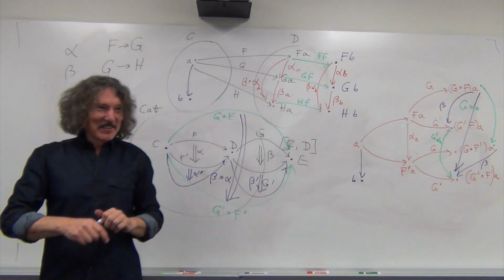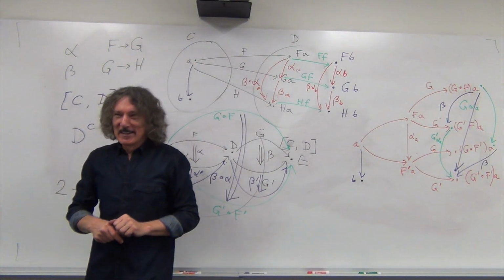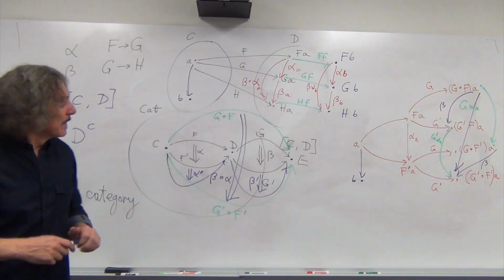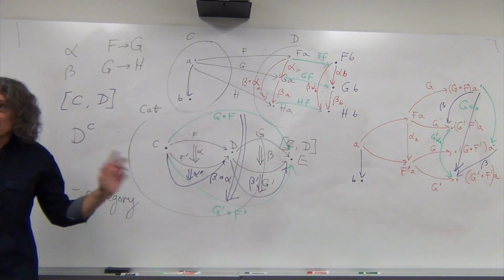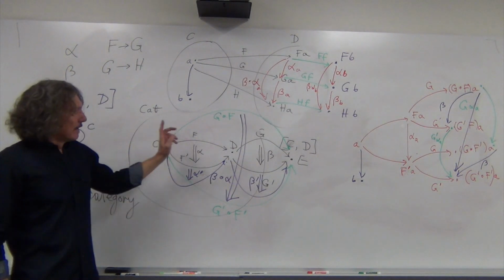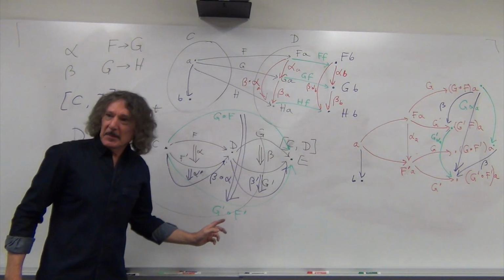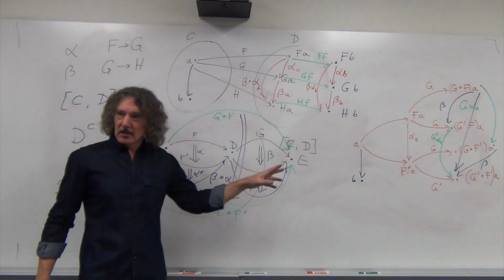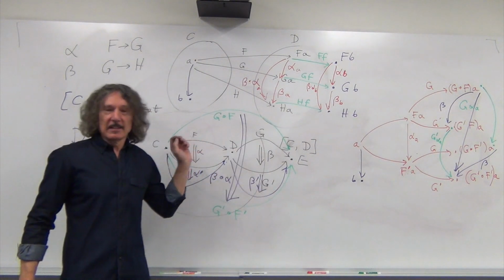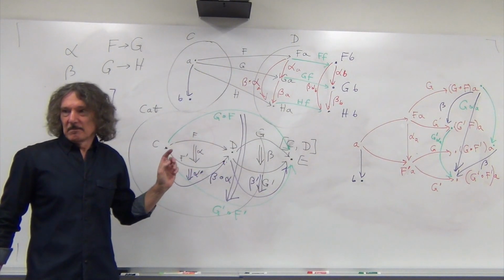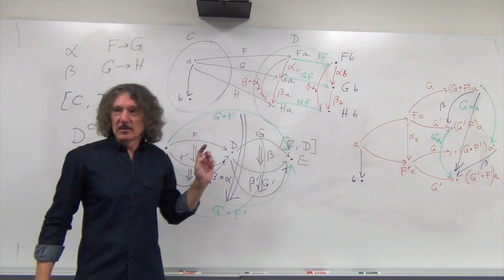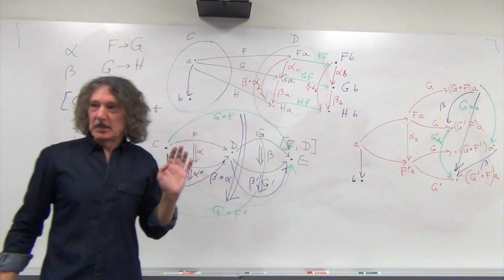Okay? I'm not going to write it down, but that's called an interchange law. So the real definition of a 2-category involves both vertical composition and horizontal composition of 2-cells, and the interchange law. Okay? So this is what people do.